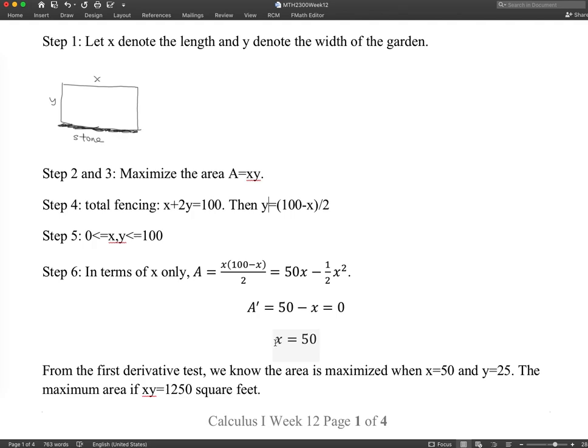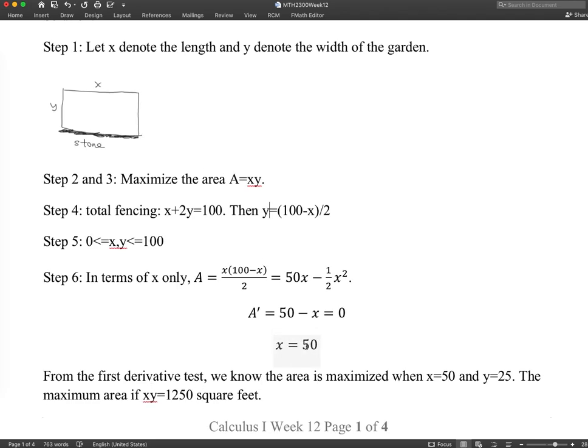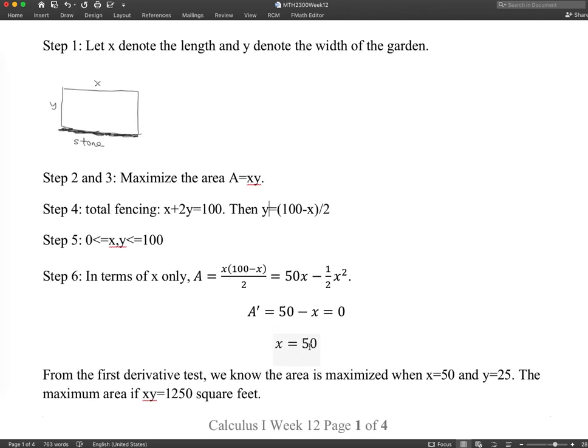Basically, remember at a critical point, it could be a maximum, could be a minimum. How do we know it has to be a maximum? So I said that from the first derivative test, you really want to give it a try, double check if you're convinced it really makes sense. Indeed, using the first derivative test, we can tell this critical point is a maximum.